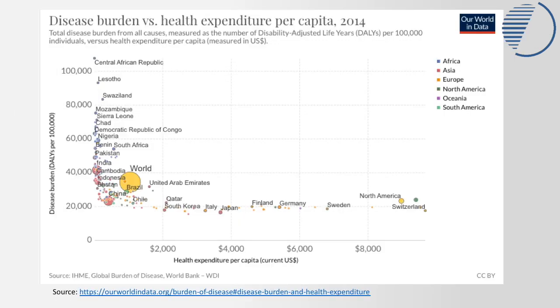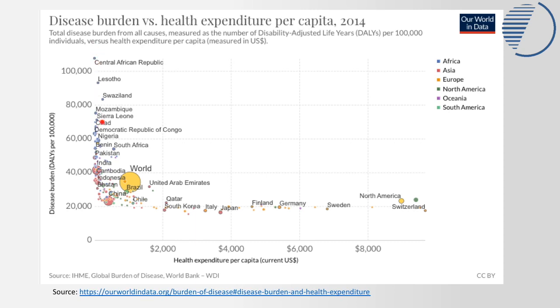When we look at the health expenditure per capita, this is the amount the government is spending on health per person in that country, we can see that we have a very interesting relationship. This is health expenditure on the x-axis, this is the disease burden on the y-axis. We can see that at relatively low levels of spend, under about $1,500 per person, the disease burden starts to fall rapidly.